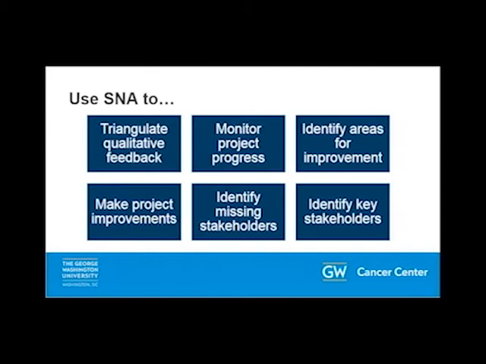Again, social network analysis is a very deep and also evolving method. And the other thing your coalition may want to assess is whether this method is important and feasible for you.